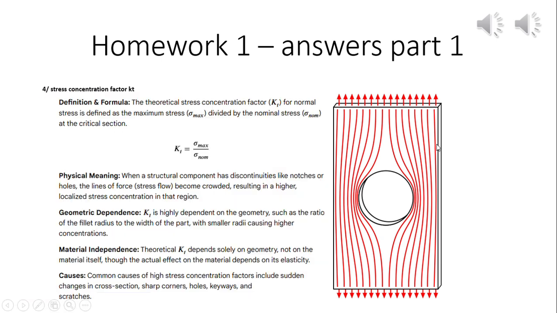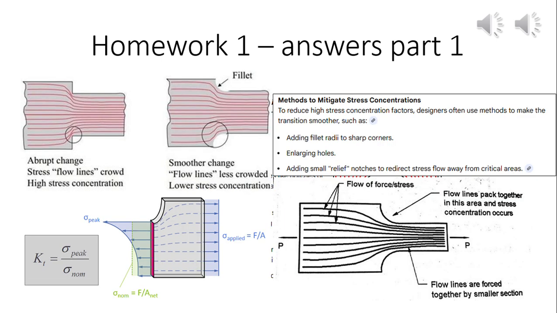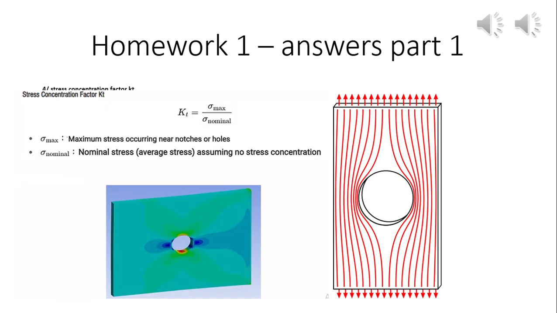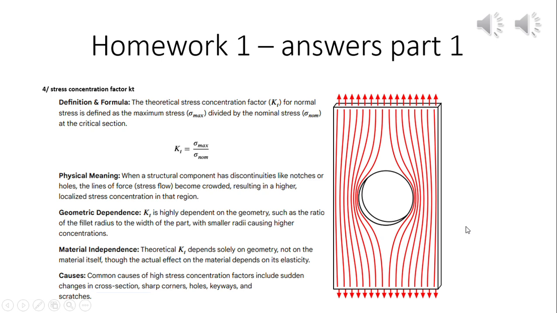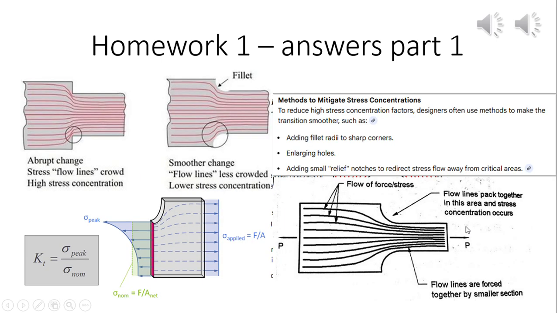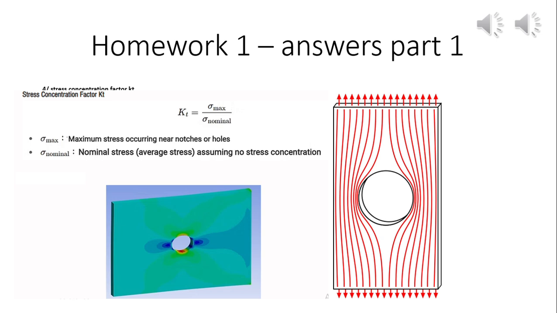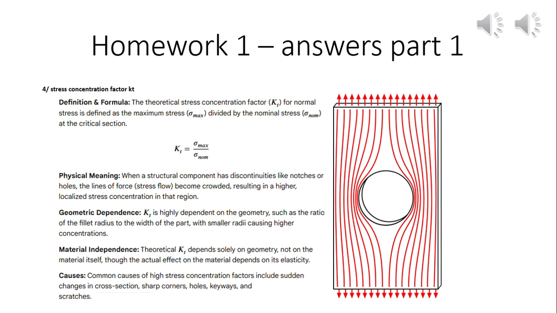The physical meaning: when a structural component has discontinuities like notches or holes, the stress flow becomes crowded, resulting in a higher localized stress concentration in that region. The geometric dependence: KT, the stress concentration factor, is highly dependent on the geometry, such as the ratio of the fillet radius to the width of the part, with smaller radii causing higher concentration.